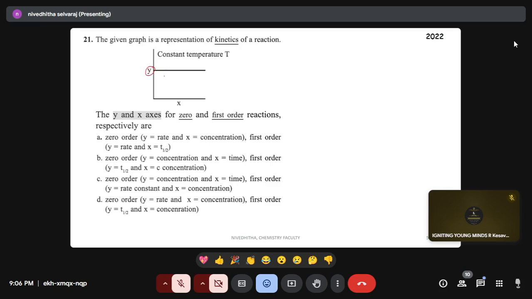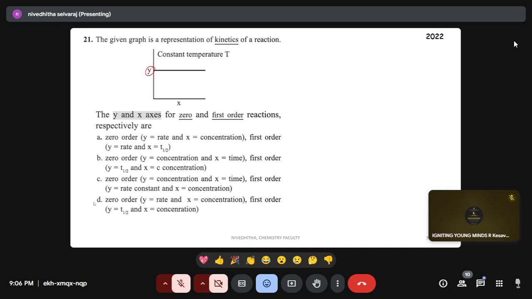So we have to match the correct option. Option D, ma'am. Okay, option D. Fourth option, right? Yes, ma'am.